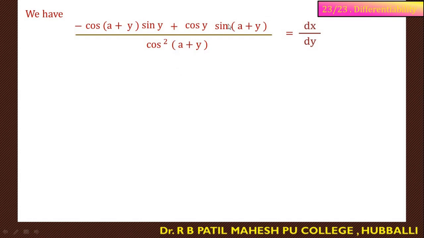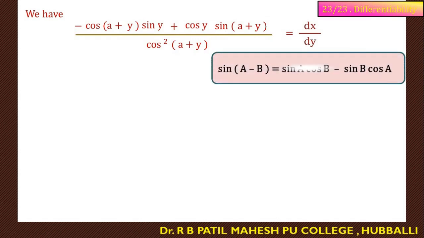Now see the numerator expression. It is of the form sin a cos b minus sin b cos a. In this answer we have the same expression in the numerator. If I denote this as angle a and this as angle b, then y means b, and a plus y means a.